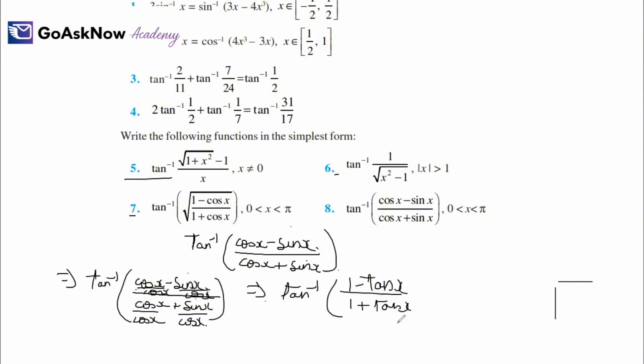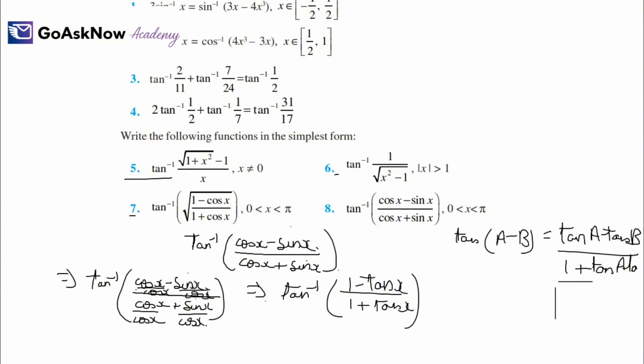Now recall your formula for tan(a minus b), that is equal to tan a minus tan b upon 1 plus tan a into tan b. You can see there is some similarity to that formula. So you can write it as tan inverse of tan of (pi by 4 minus x).